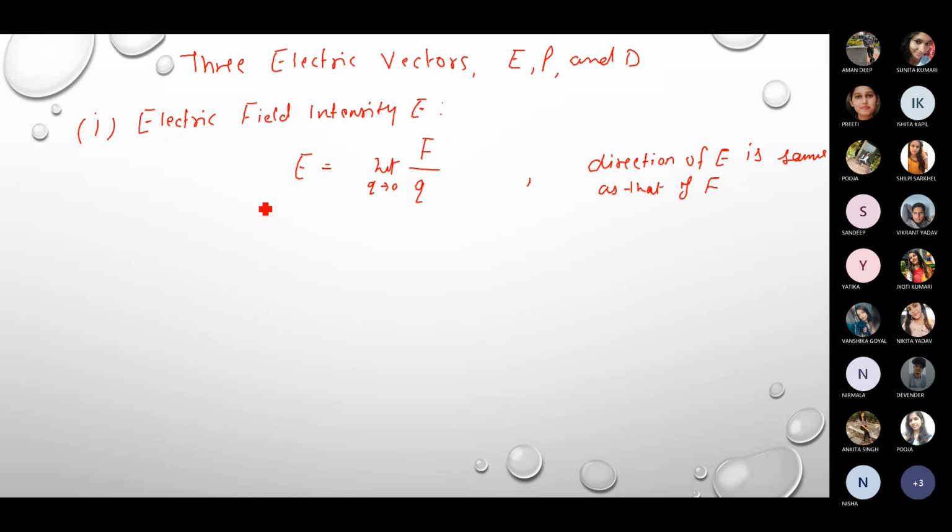And E could be written as E is equal to Q upon epsilon naught A, because you might know that F is equal to Q1 Q2 upon 4 pi epsilon naught R square.